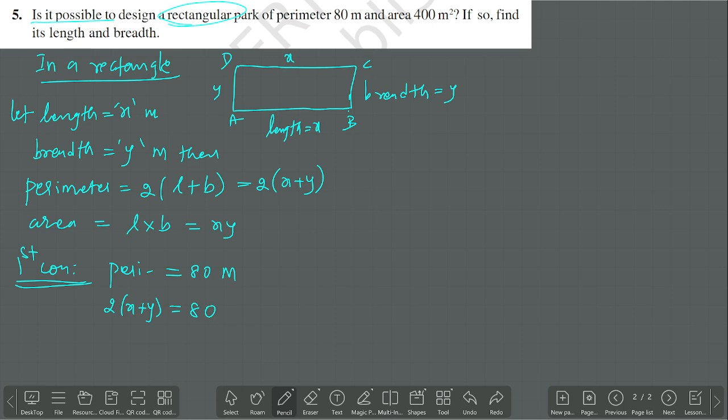When you cancel the 2, I get x plus y equals 40. Make it equation number 1. Next condition I am going to: the area. This is the second condition.